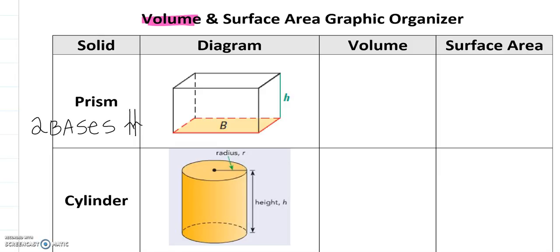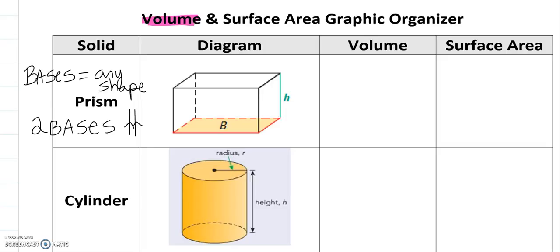So one thing we're also going to write in here that the bases can be any shape. Now, if it was an octagon, you would call it an octagonal prism. So the name of the base shape and then the word prism. So in this case, this would be a rectangular prism.